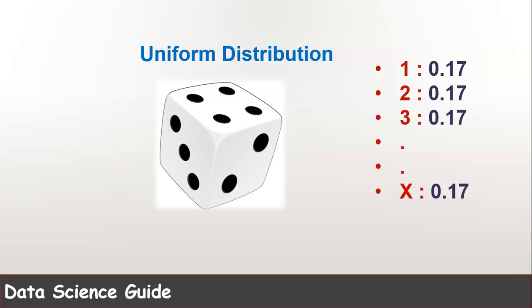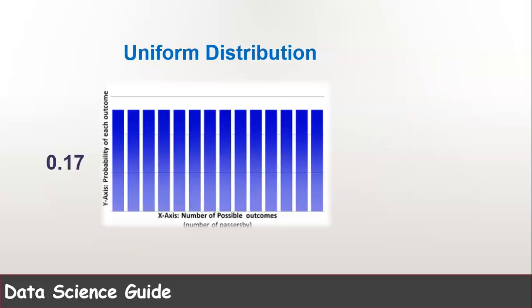So if we throw the dice 100 times or 1000 times, we'll get the same probability number, which is 17%. And that's why we have the same chart here. We have the same equal bars as we got in the previous example, but the value here is 17%.